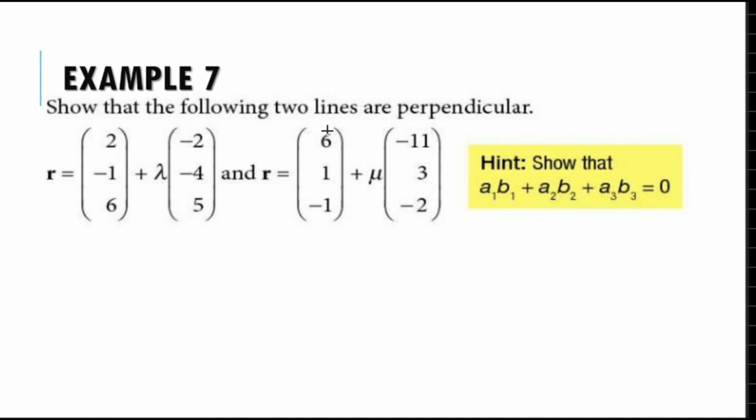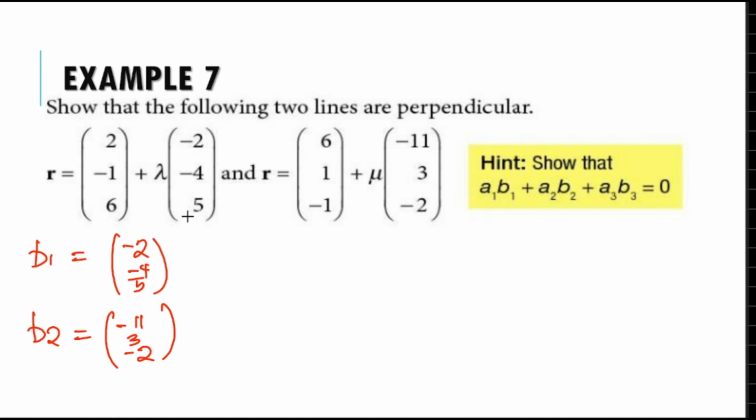Show that the following two lines are perpendicular. That is, show that b1 dot b2 equals 0. Let's do this together. Let's say we have b1 equals minus 2, minus 4, 5 and b2 equals minus 11, 3, minus 2.